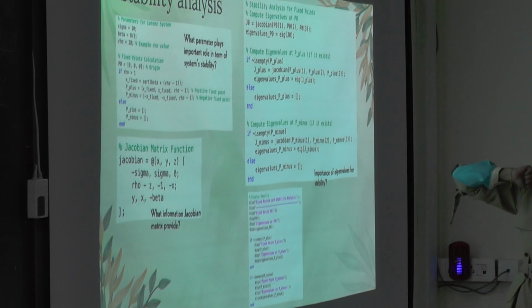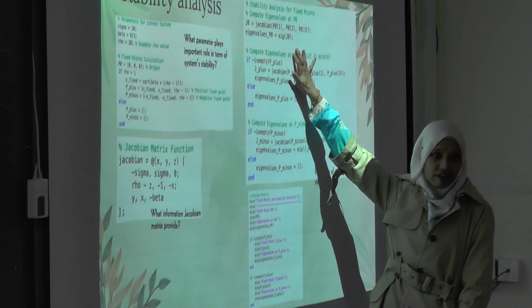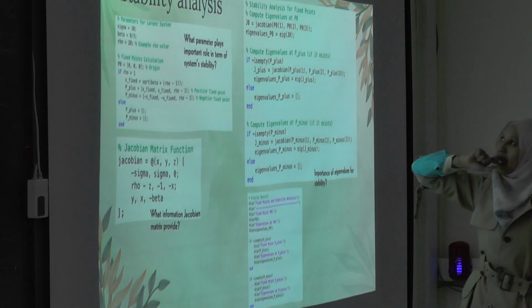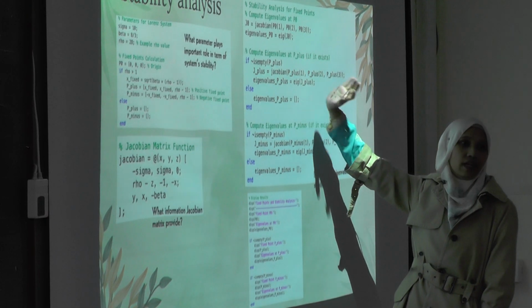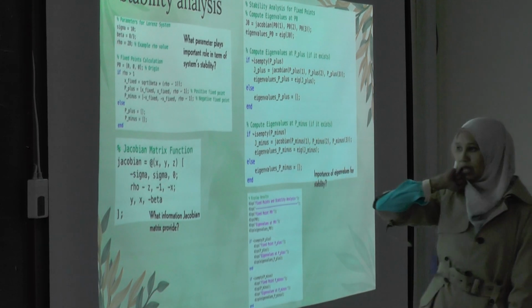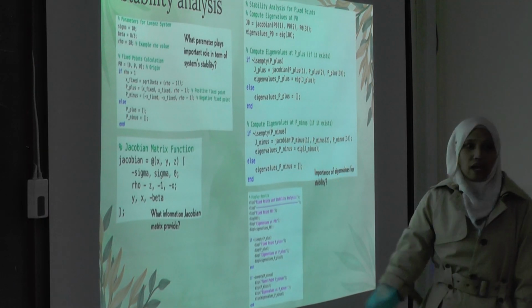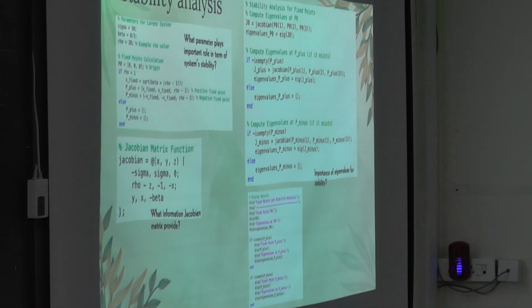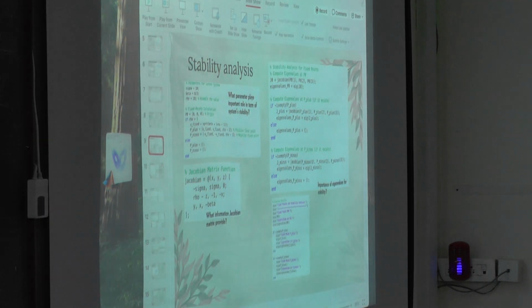You compute the eigenvalues for the trivial fixed point. This one is actually easy, and then this one will be the same. One for the positive one, one for the negative one. And then you can display the result and check the output. Okay, so maybe I can share the one that I have done, so we can see the result.